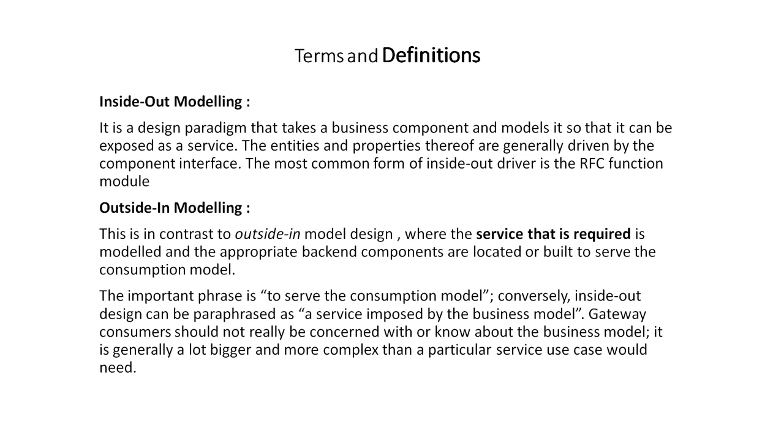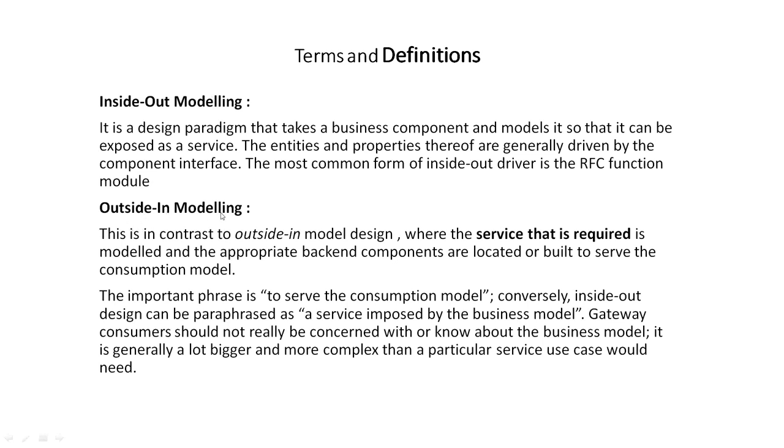Normally the business components are going to be your remote function calls, or business object relations in CRM. So what we have done today is we have followed this inside out modeling. Since there is a function module, we have just used that function module to get us the data.